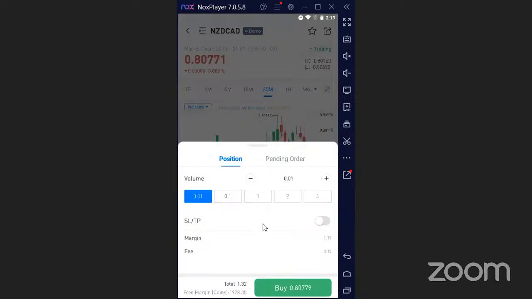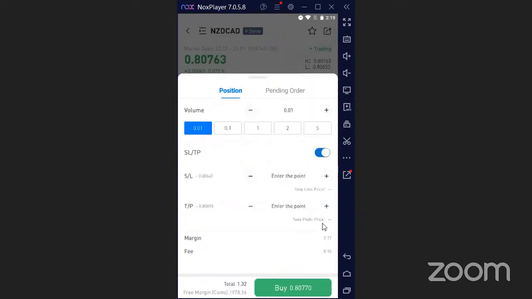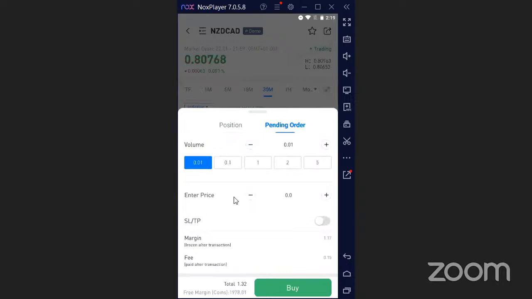When I click on buy, previously we didn't change anything here. We just stayed right on here and then clicked on SL and TP to set our stop loss and take profit. But in this case, I'm going to be using the pending order option. You see we have a pending order here. If you click on the pending order, it's going to pop out another option for you.